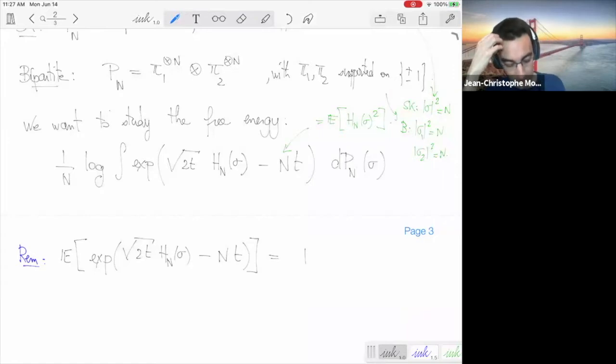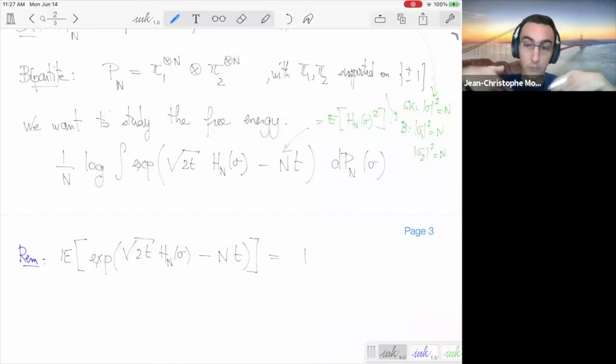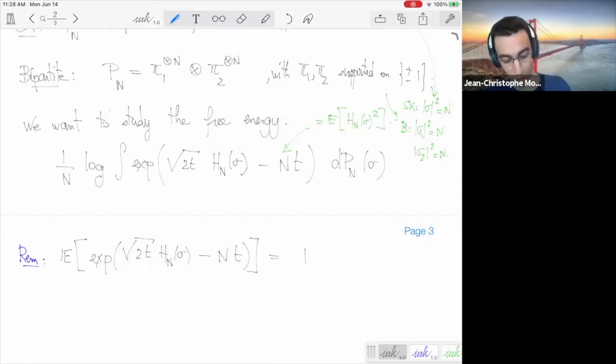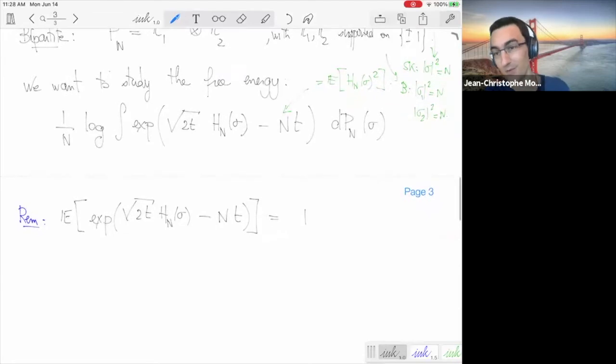It's like you have exponential of some Gaussian minus a half of the variance of this Gaussian. So this is always equal to 1. And maybe it makes sense if you think that way. When you flow, if I would really rewrite this as some Brownian motion, then as you flow T, you could think of this as being a martingale. So since we want to make T flow, that's perhaps a good idea to do that.